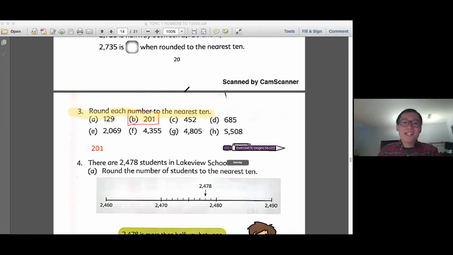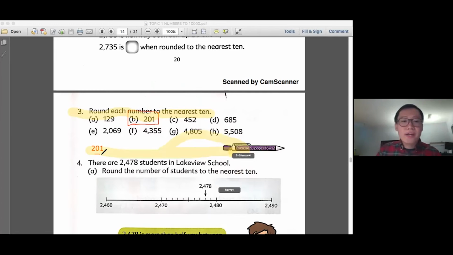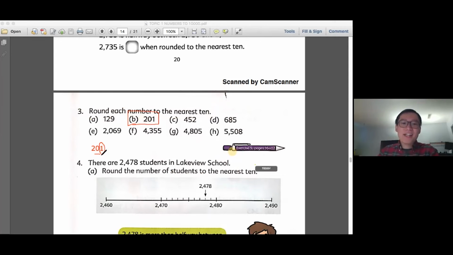So let's do it. 201. We want to round it to the nearest tens. So that's the digit 0 there, which means we need to look one place to the right. Let's stop drawing, we'll draw later. Which means we need to look at the ones place.